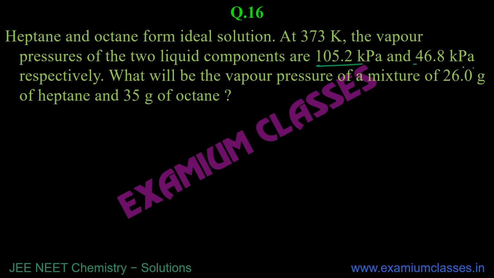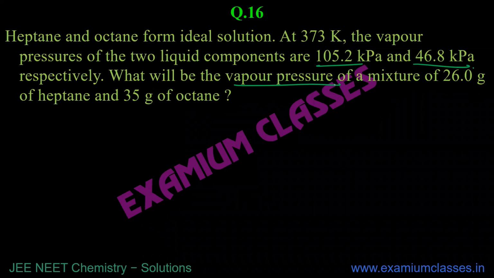What is this information given here? This information will help you, and you just need to use one formula, because the question is about the vapor pressure of the mixture. So it means we are talking about P total.